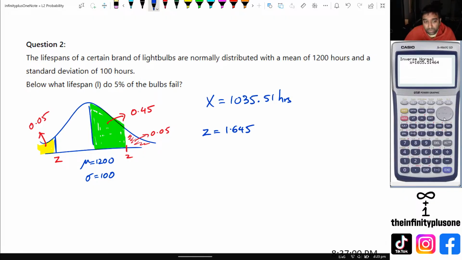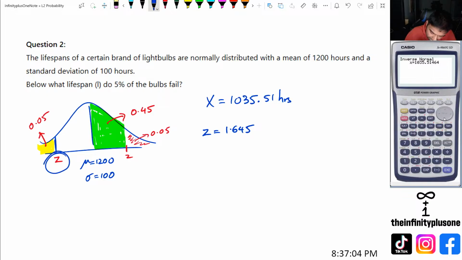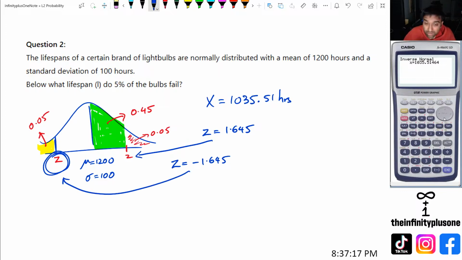Now you have to be careful with this, because remember that this Z is actually on the other side. You can't use the positive one. You have to say that Z is equal to negative 1.645, because the positive one is here and the negative one is on the other side, on the left hand side.